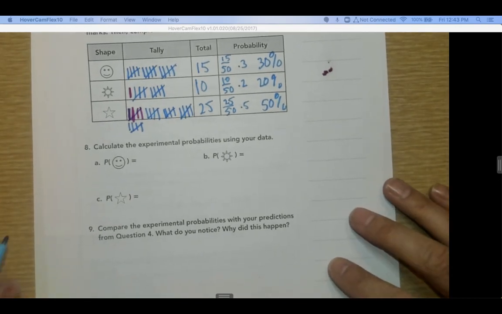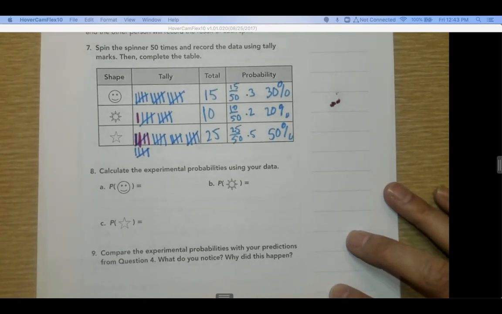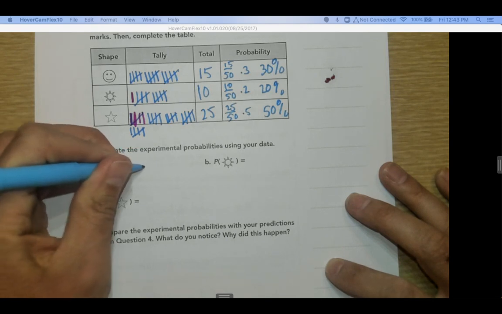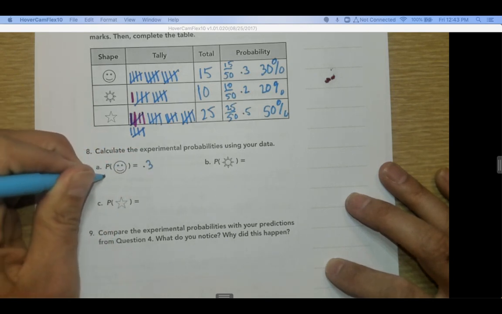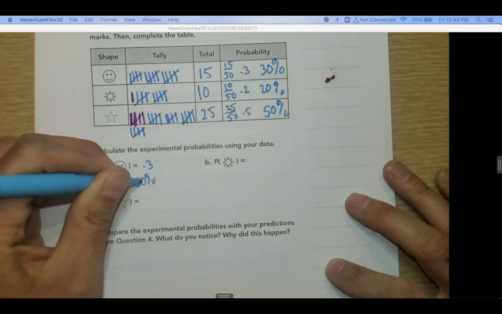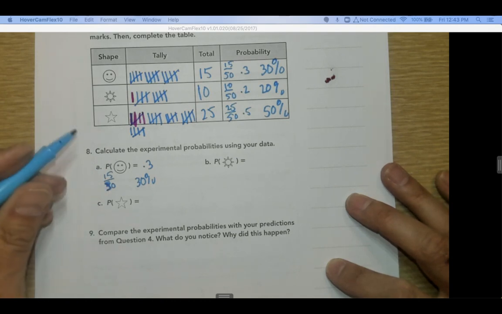Calculate the experimental probabilities using your data. Well, didn't we just do that up there? I think we did. So the smiley face was 0.3, 15 out of 50, or 30%. I got the 0.3 and 30% by multiplying these both by 2, so it'd be out of 100.